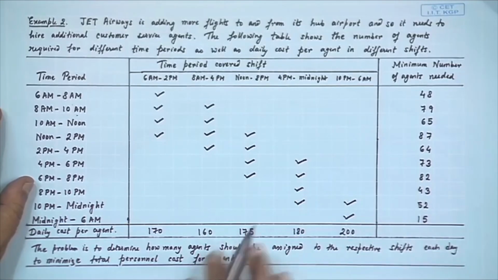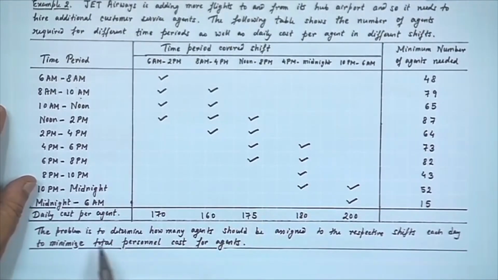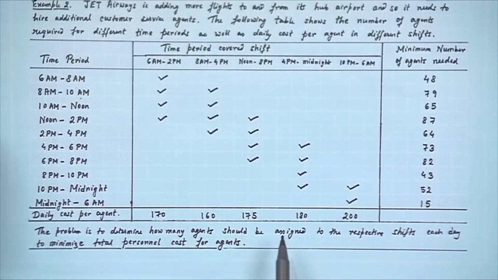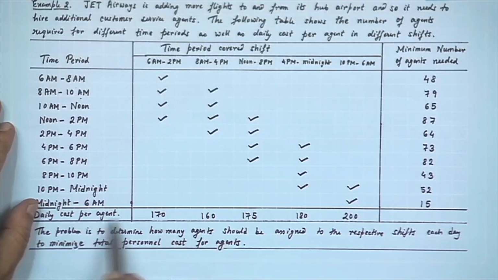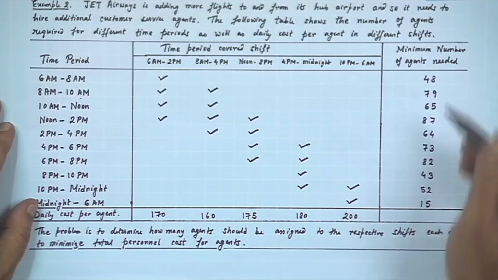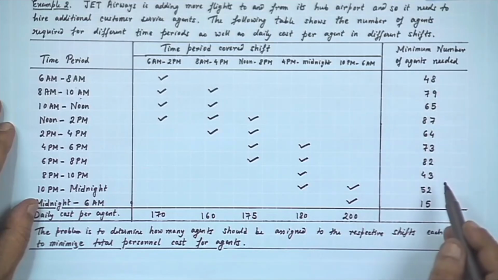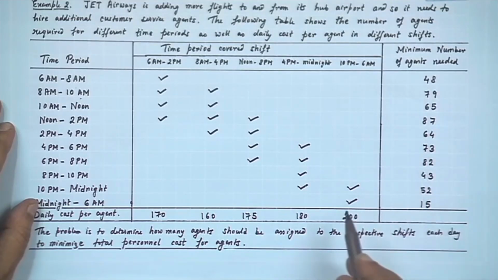Now, what is the problem? The problem is to determine how many agents should be assigned to respective shifts each day to minimize total personnel cost. So, you see the problem is very clear, you have to minimize the total personnel cost. Costs are given here and the minimum number of agents required is also given here.